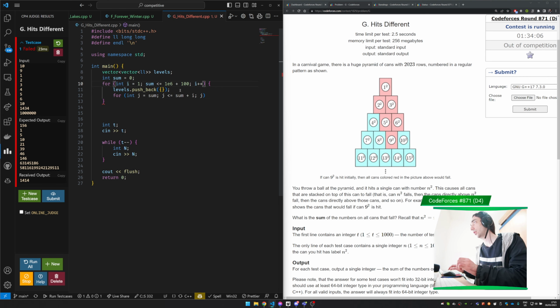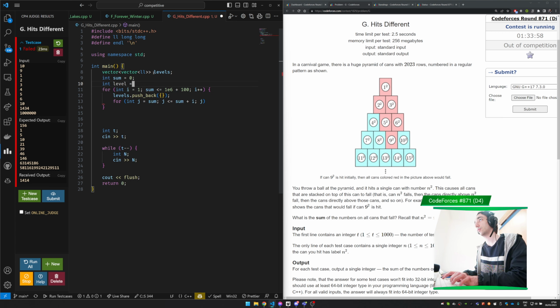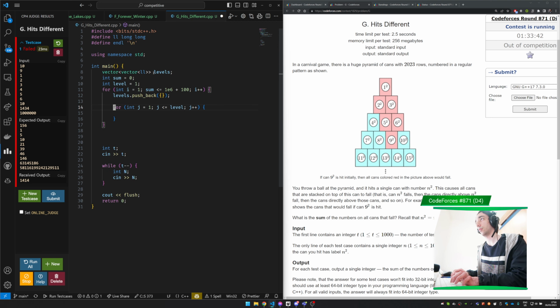Wait, what am I doing? My first level. Okay.